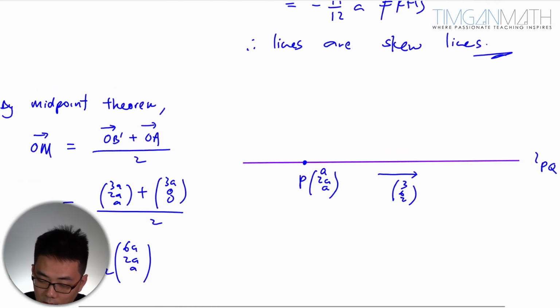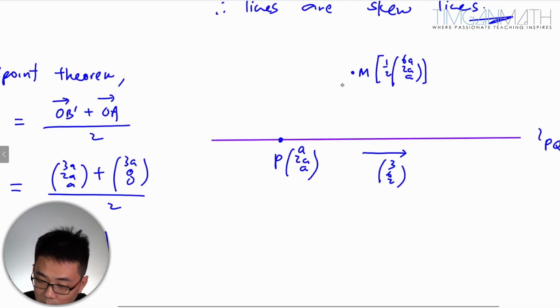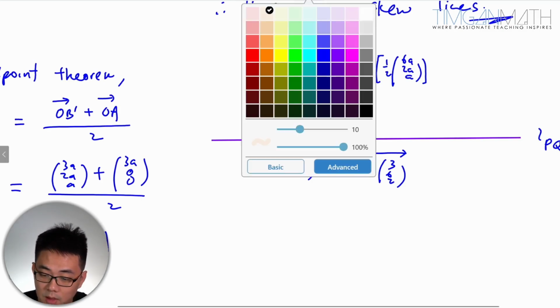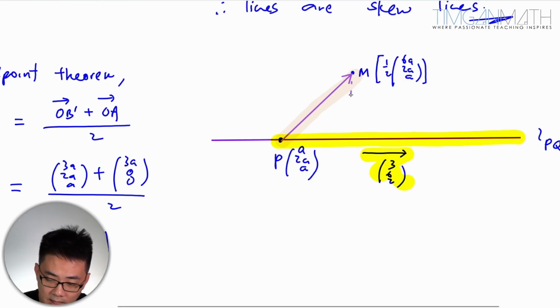Okay, then you have got M here, which is half of it. So I'm just going to put this as 6A, 2A, A. Okay, so if you want to find the shortest distance, remember, just draw, because now you have the vector of P to M. That is important. Then after which you have this direction here. Now what we want is actually that distance here.